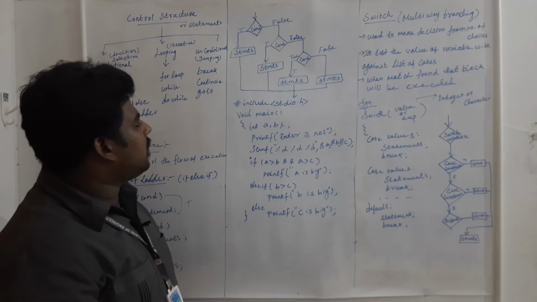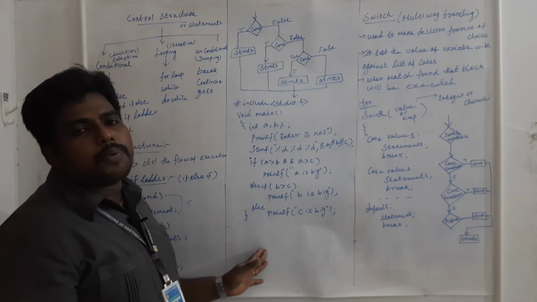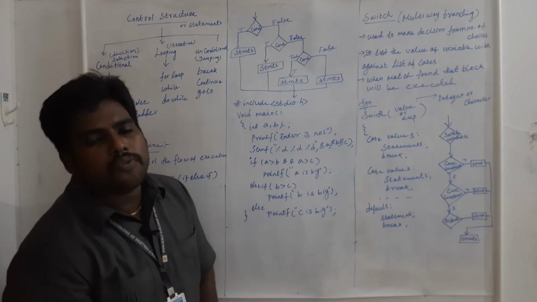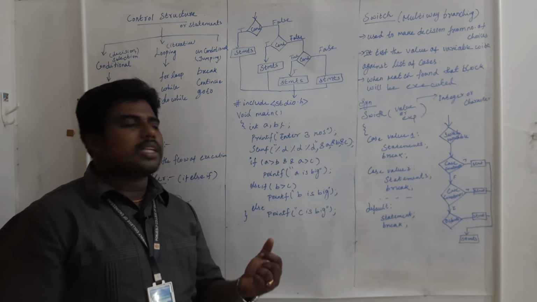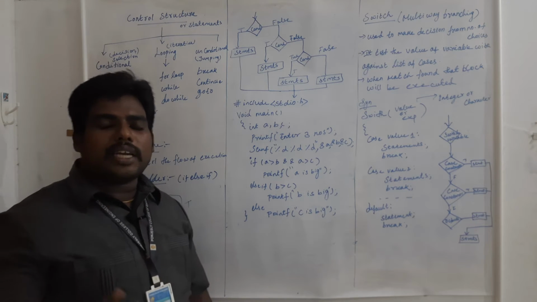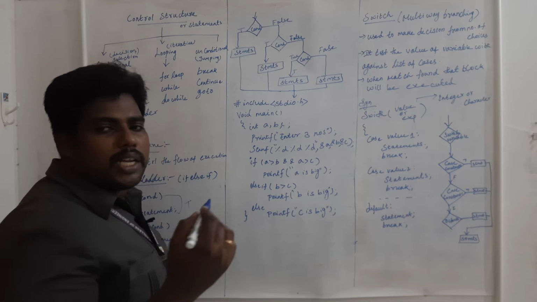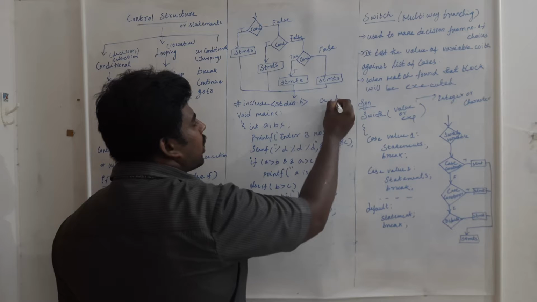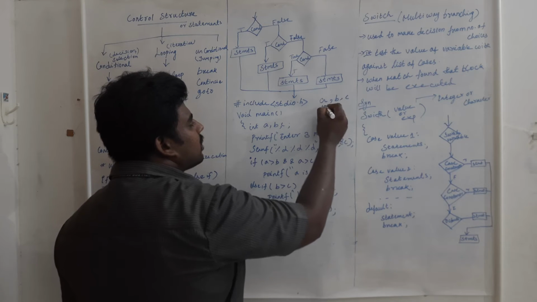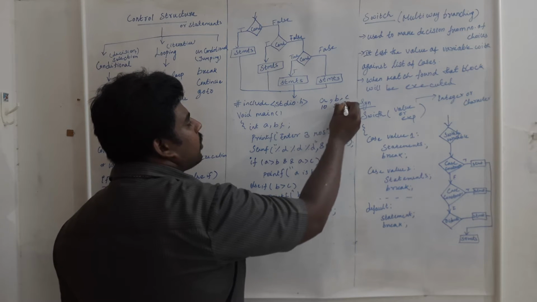See this example. This is the example program to find the biggest among three numbers. For finding the greatest among three numbers, how many variables are required? We need three variables, three numbers: a, b, c. Consider a is 10, b is 5, c is 2.